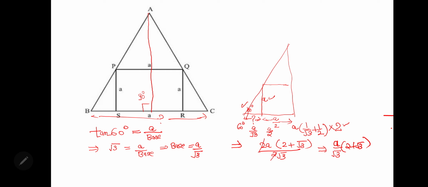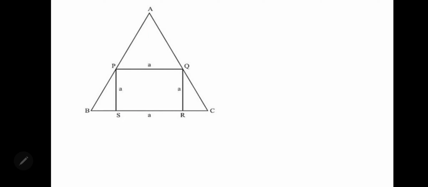I have found out the length of this triangle. So this side has been given as a by root 3 times (2 plus root 3).